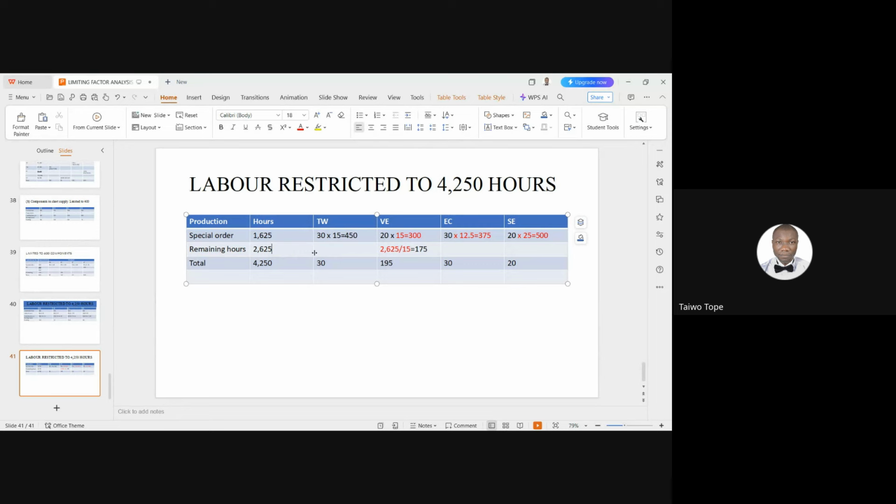If we want to produce the whole of the 180 remaining, we don't have the time. So since we have this balance, how many units of VE can we produce? 2,625 divided by 15, you can produce 175. So what is the total number of units you can produce? Let's write it. Units, units, units. This is hours. Is this clear?